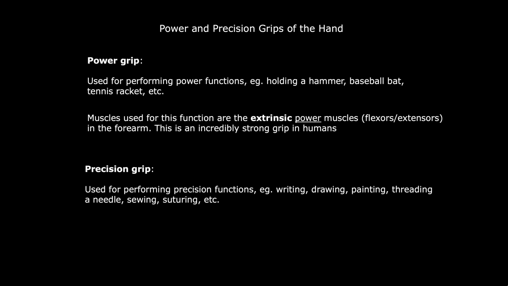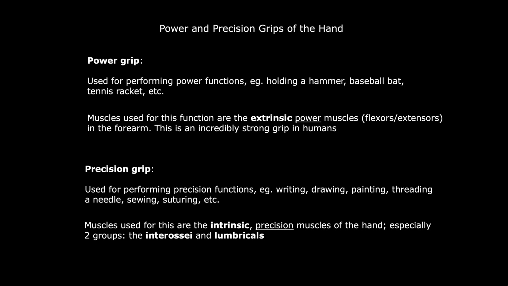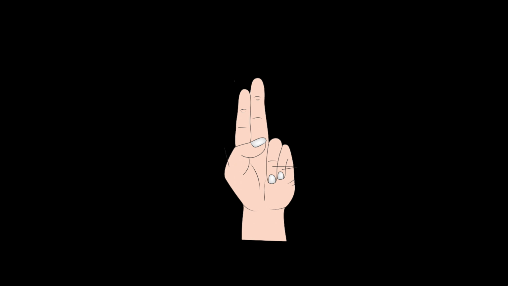Precision grip is associated with different arts: threading a needle, sewing, suturing, painting, drawing, writing, playing fine instruments. All these are precision activities, and who are instrumental? My intrinsic muscles. We will be learning these intrinsic muscles in different categories. We have interossei and lumbricals, and they have different groups that we'll be learning today.